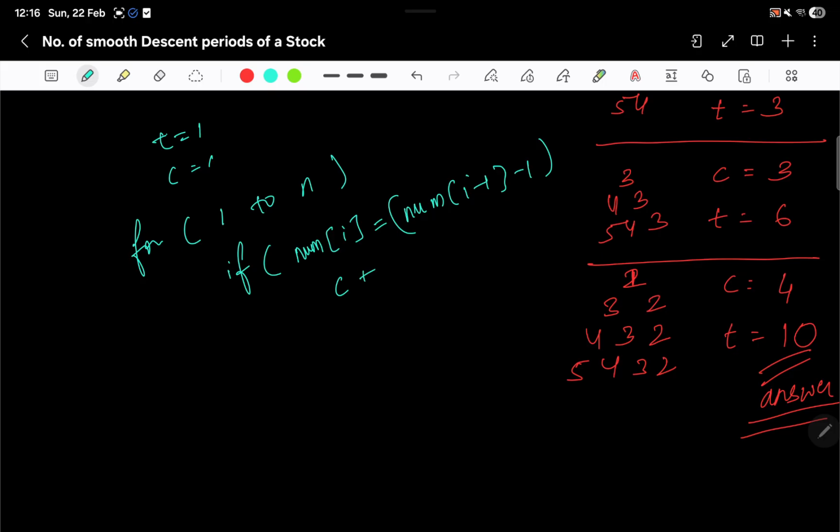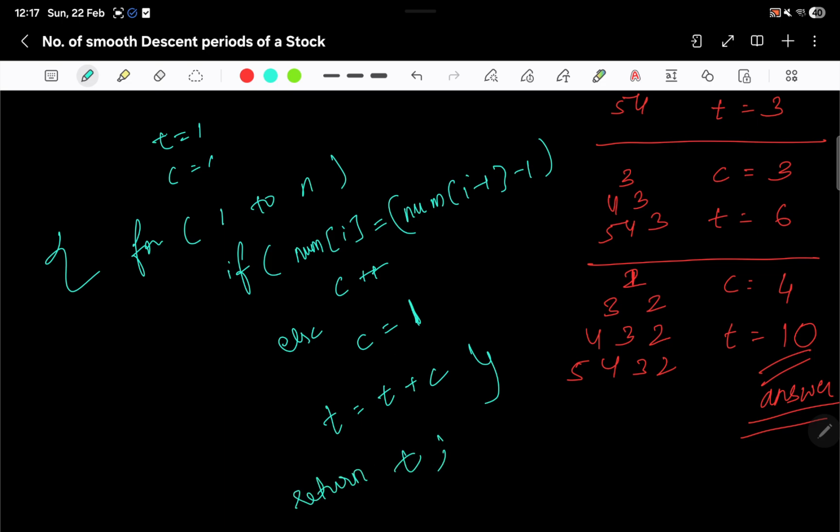Then I'll just increment my c, the current count, else I'll set it to 1 again, and my total, my result will be total plus c, which will keep the count of the number of subarrays, right? So this is the answer for this question, and I'll just return t, right?